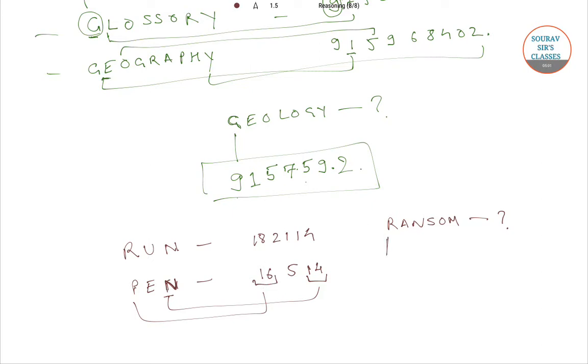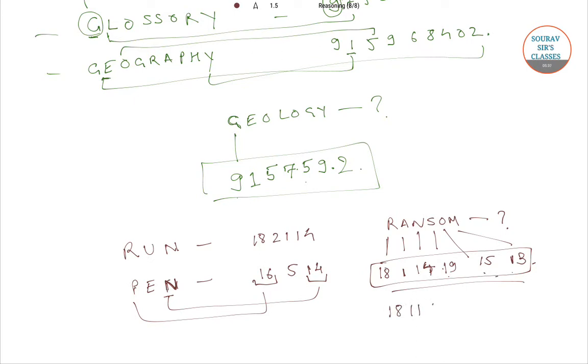So the position value of R is 18, A is 1, N is 14, S is 19, O is 15, and M is 13. So this is the code for RANSOM, that is 18114191513.